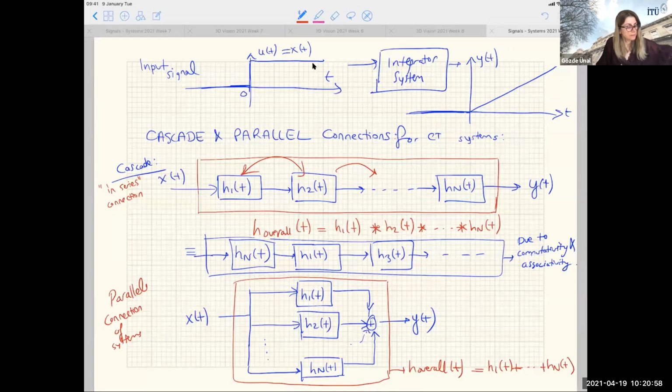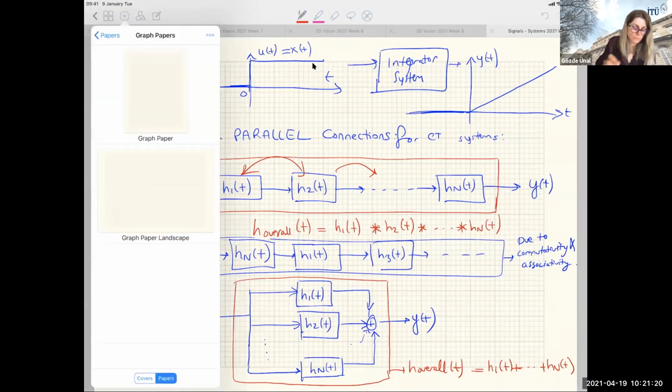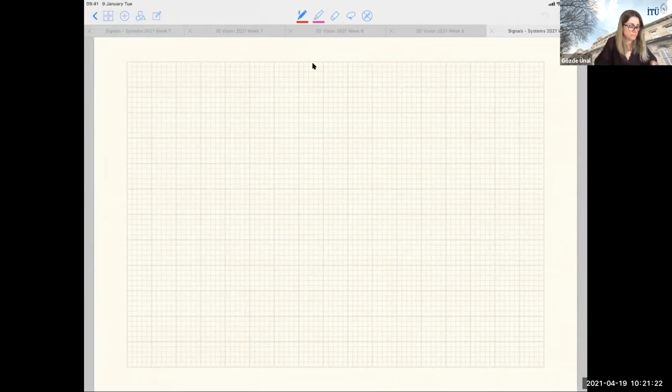This uses superposition. Maybe I want us to do a few examples. Okay, let's do this example, guys.